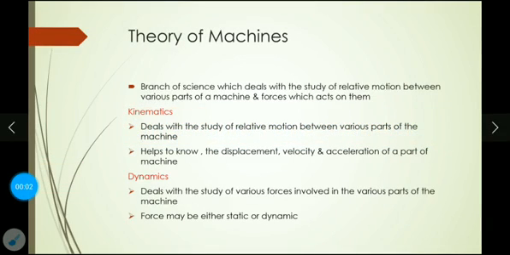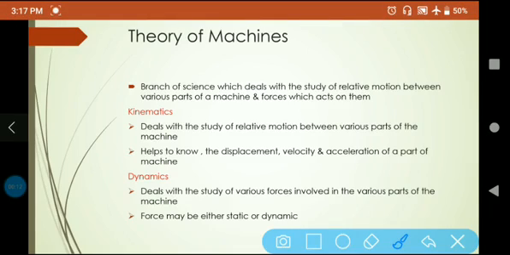Kinematics of machines is considered as a part of theory of machines, which is a branch of science which deals with the study of relative motion between various parts of the machine and the forces which acts on them.